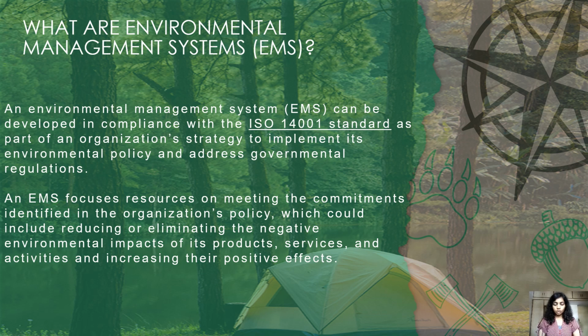So organization will involve this environmental management systems in order to follow the government policies of environment and EMS focuses on resources on meeting the commitments identified in the organization's policy, which could include reducing or eliminating the negative environmental impacts of its products, services, and activities and increasing their positive effects. So the organizations or any institutions have to carry out these steps to reduce the pollution towards environment.